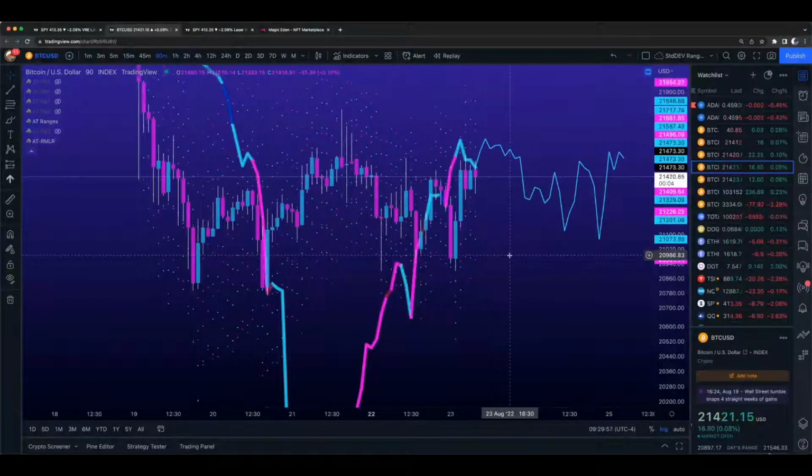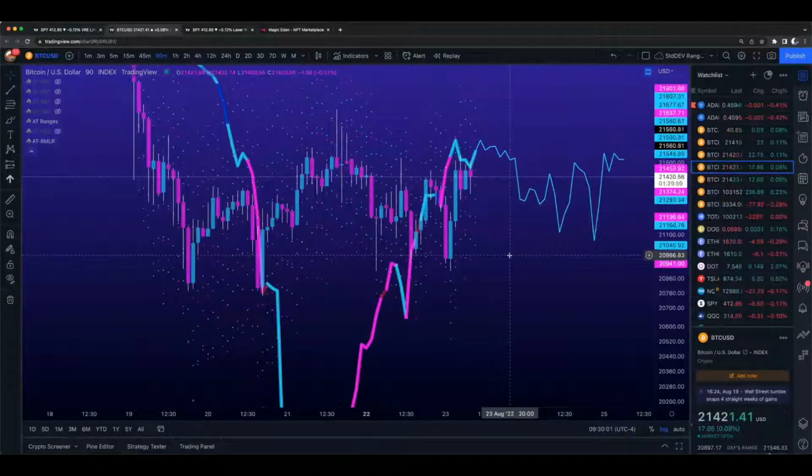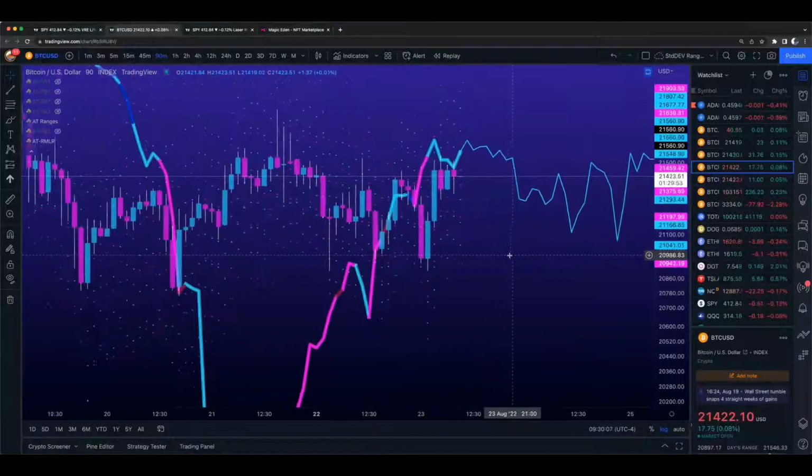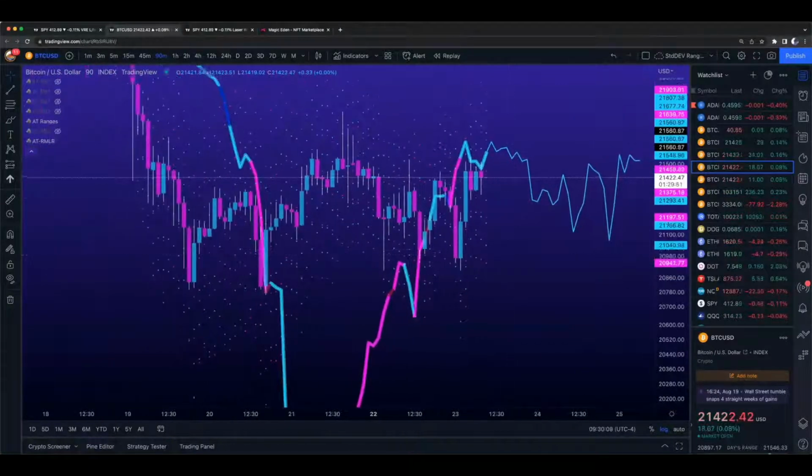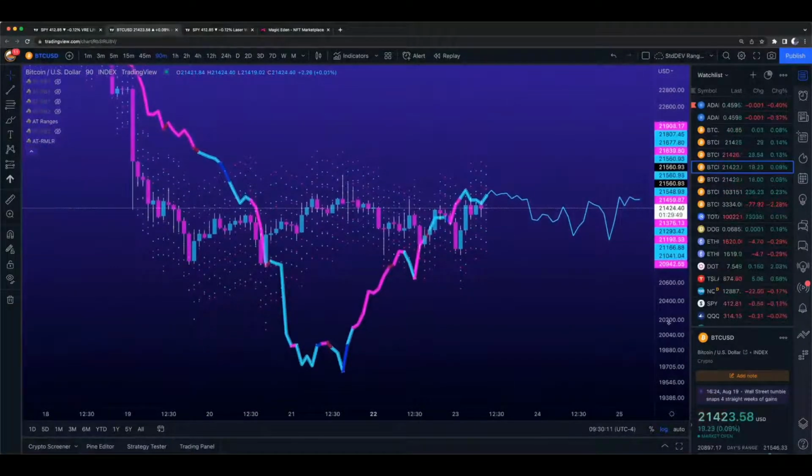If it ever even closes beyond it, it's extremely rare that it goes two candles in a row above or below, and it will generally begin a mean reversion of one type or another, whether that's the price action going up or down, or the mean moving up or down. There will be a mean reversion in the coming candles.